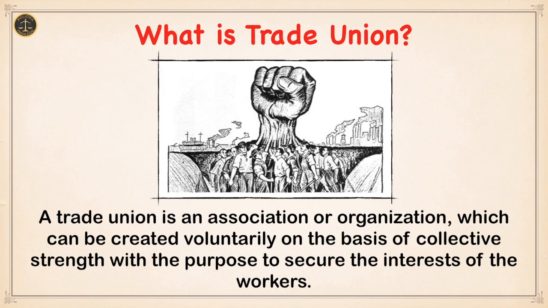Note, a trade union could be temporary or permanent, formed with the purpose to regulate the relationships primarily between workmen and employers. So, trade unions protect and promote the interest of their members, workers, from an unfair trade or labor practice.